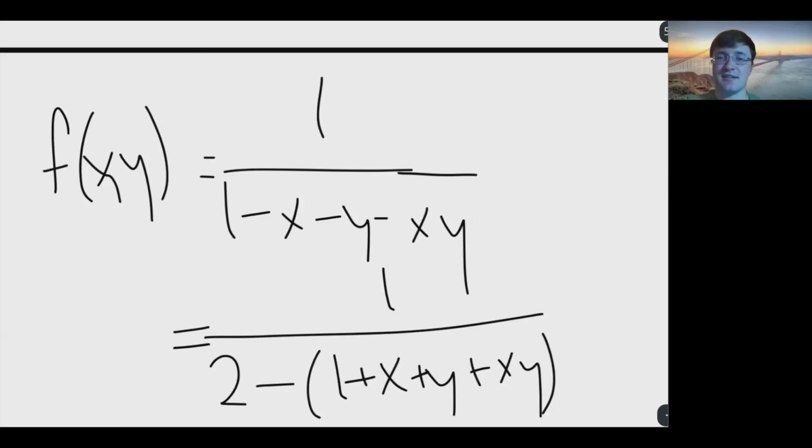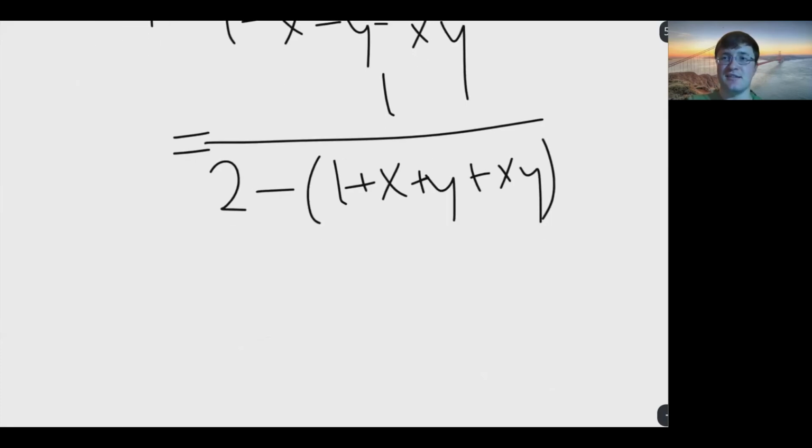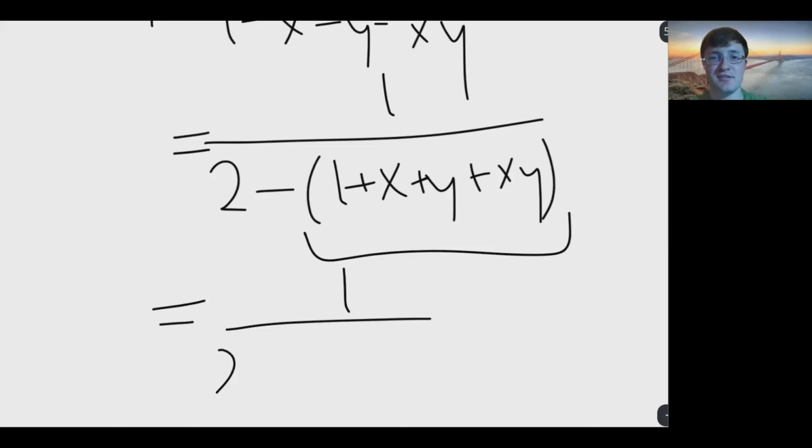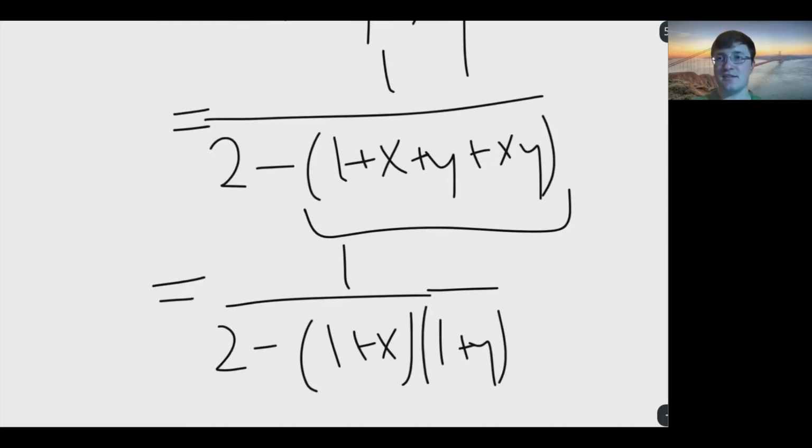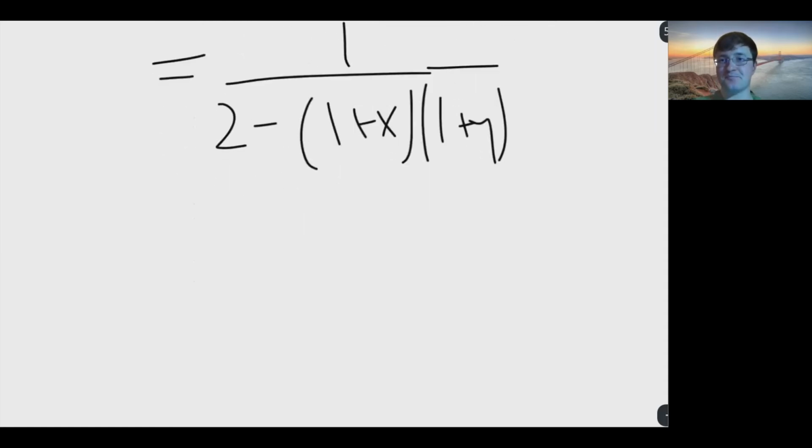And now the great thing about this is that the denominator, well, this piece factors as 1 plus x times 1 plus y. So this gives us 1 over 2 minus 1 plus x, 1 plus y. Okay, and now we can use another geometric series, but the terms will be a little nicer this time.